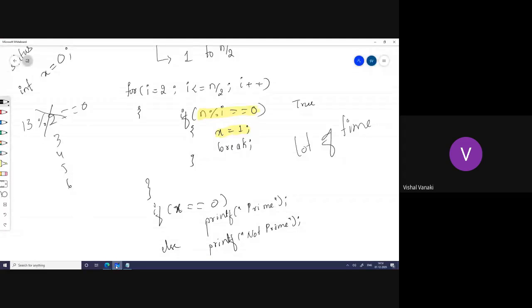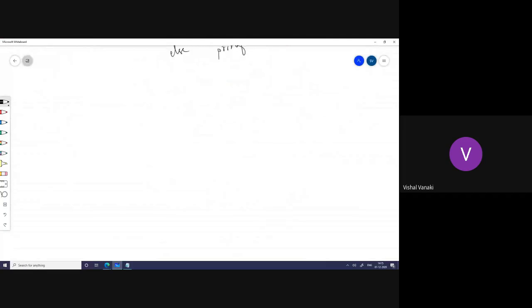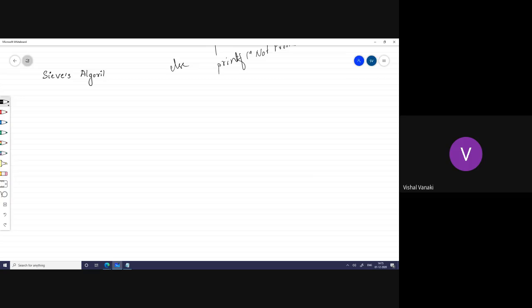So what I have come across here is an algorithm called the Sieve algorithm. So let us see what the Sieve algorithm is.